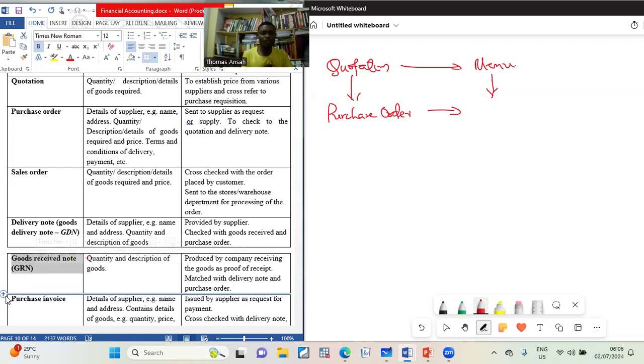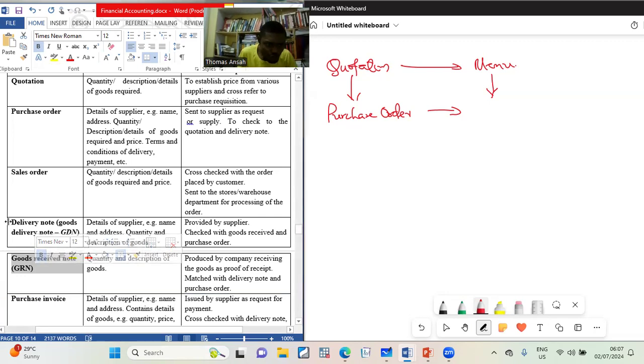Whatever you ordered, if I ordered a shoe, and it is a Gucci shoe, then it means a Gucci shoe is what is coming. If it is the shoe that is made by my friends in Kumasi, then that is the same thing. So you cross-check everything, then you will now issue what we call a goods receipt note.